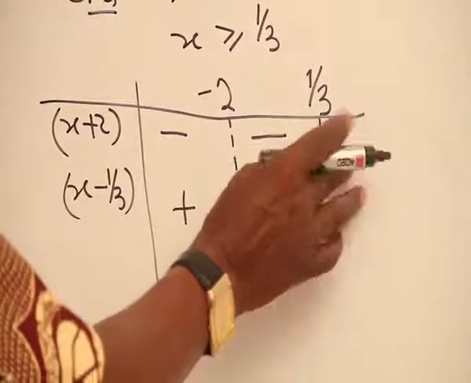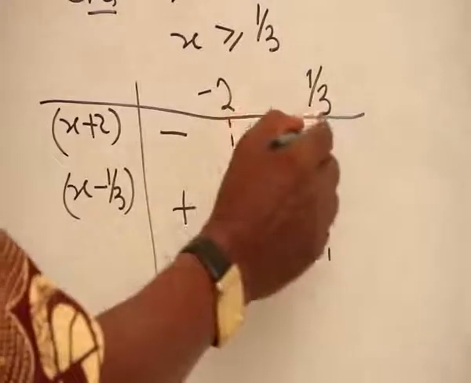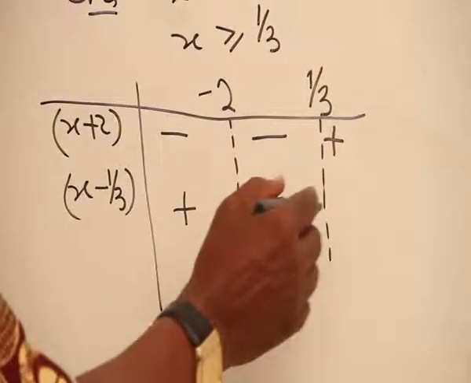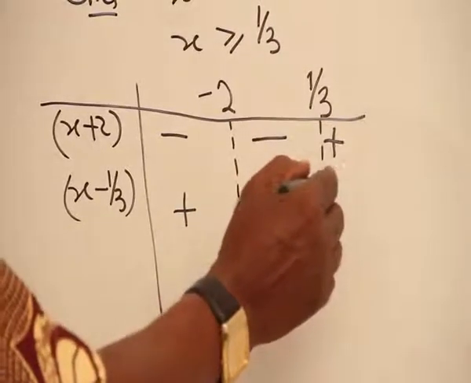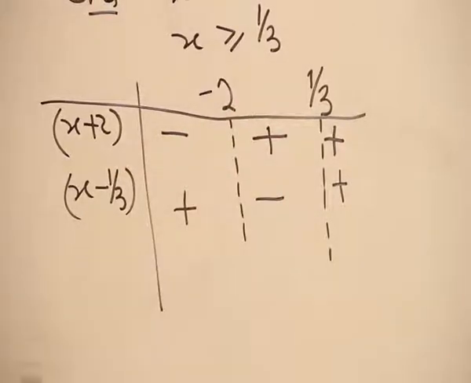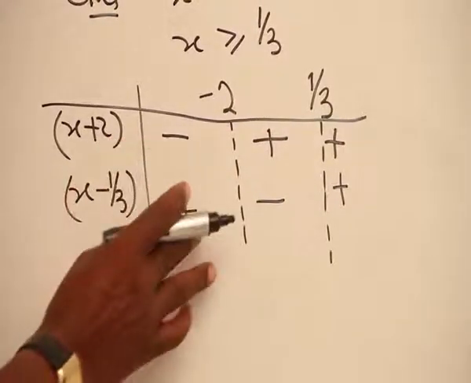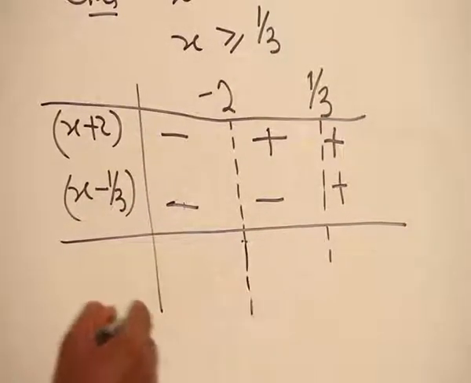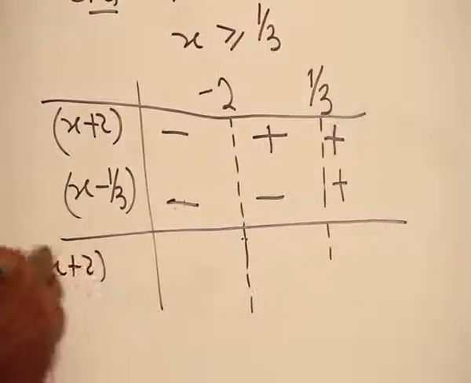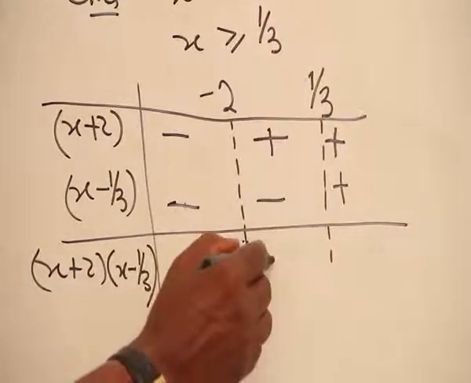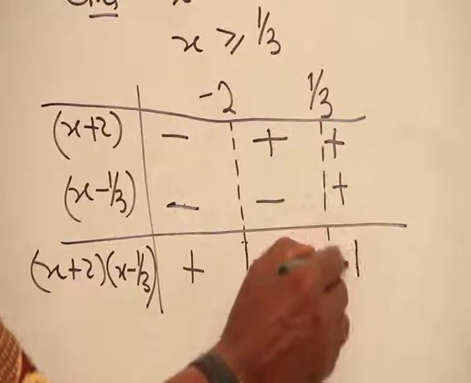This was also positive, and then this one was also positive. So at the end, we have this was positive and negative. So at the end, we have this one as also negative. We find their product of s plus 2 and s minus 1 over 3. This was positive, negative, and this was also positive.